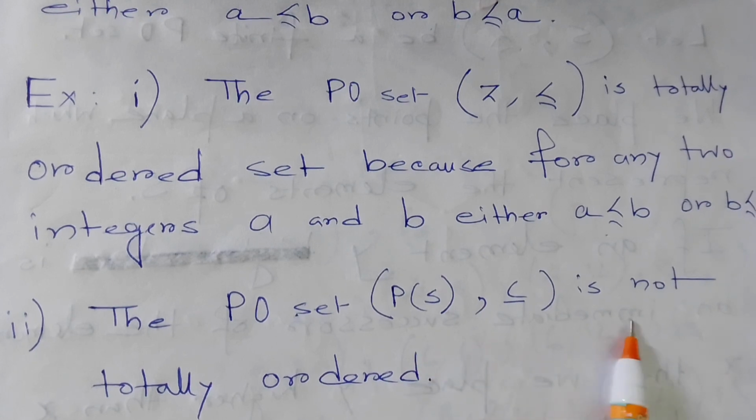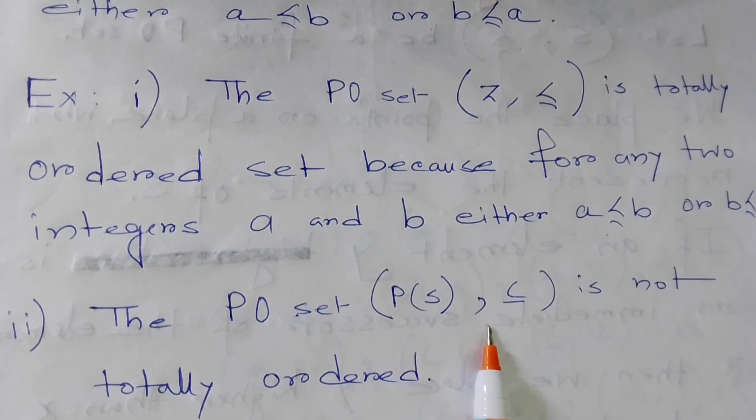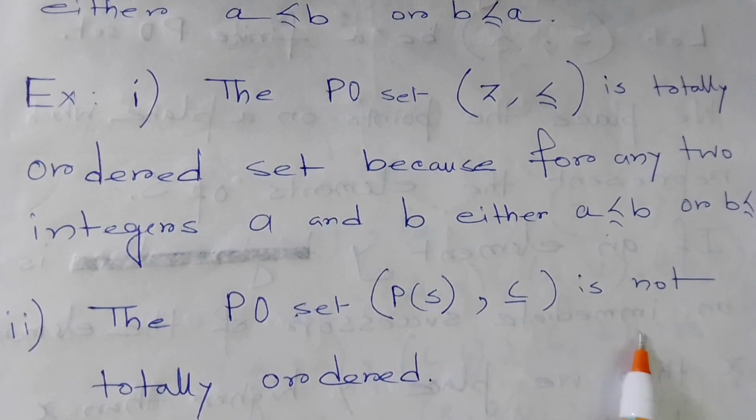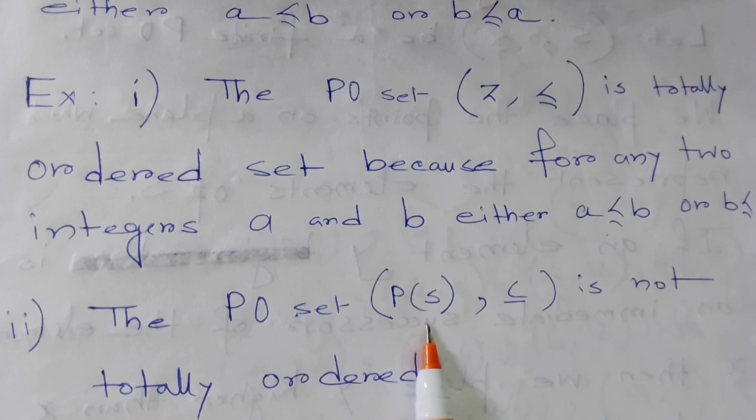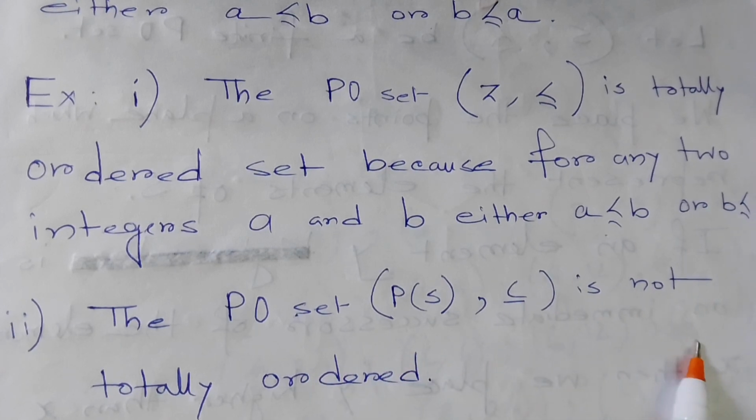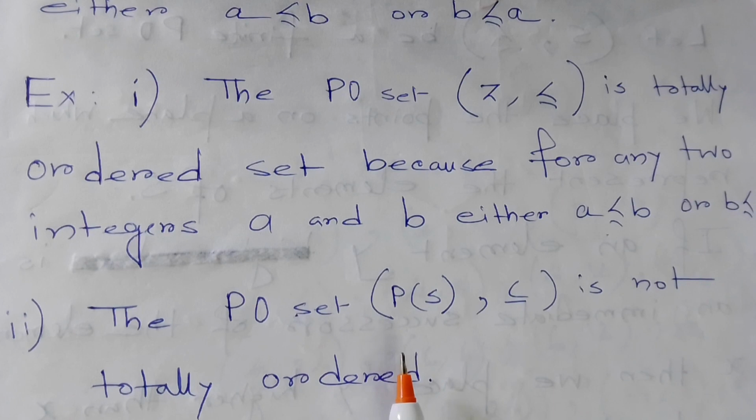So any two elements of this power set may be non-comparable, because both belong to P(S) and both are subsets of S, yet neither need be a subset of the other. So that is why this poset is not totally ordered.